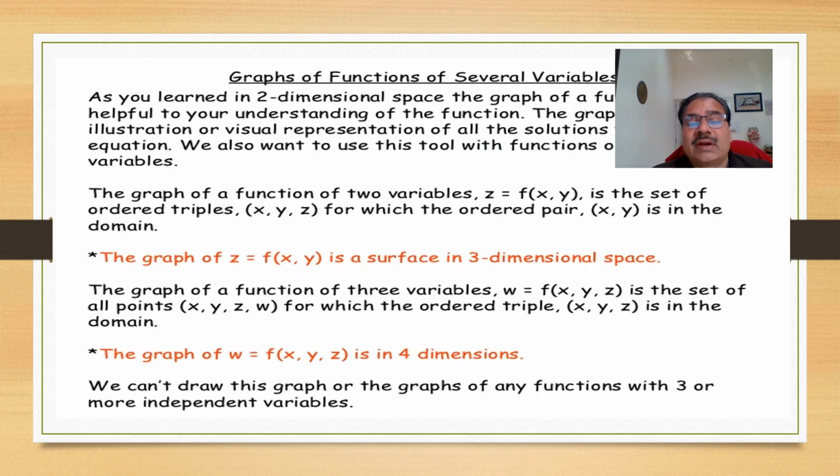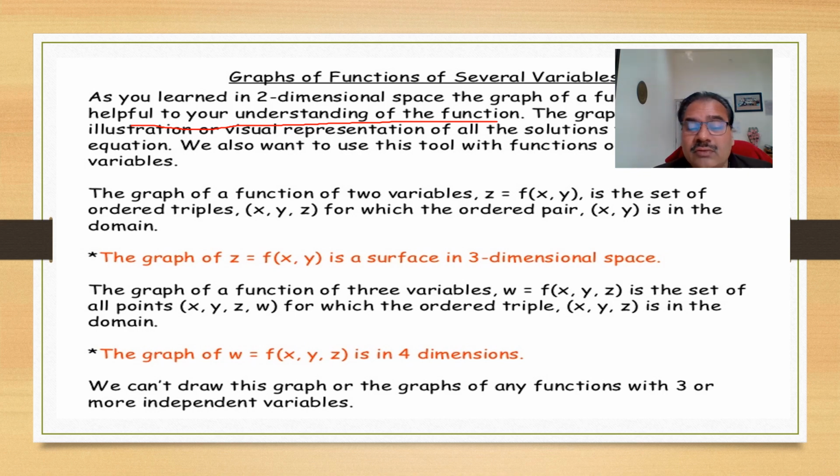Now, what is the graph of a function of several variables? This is very important, sometimes just to trace the graph. As you learned in 2D space, the graph of a function can be helpful to your understanding of the function. The graph gives an illustration, a visual representation of all the solutions to the equation.